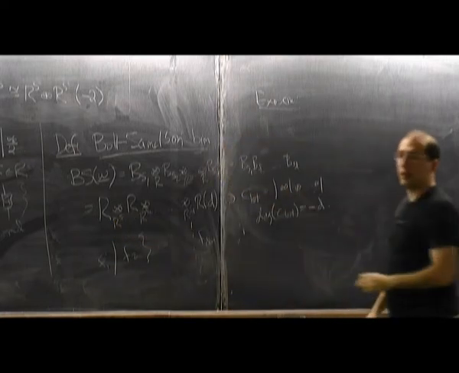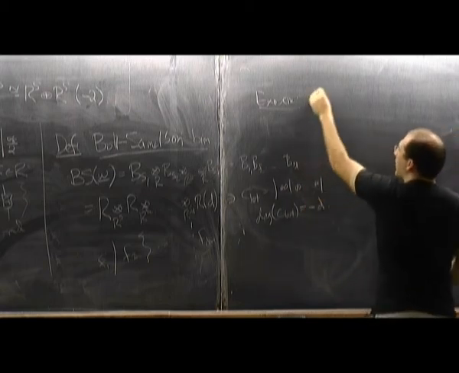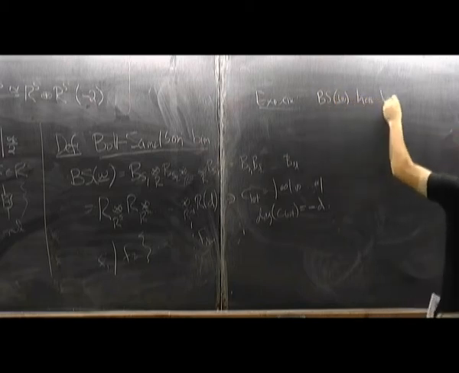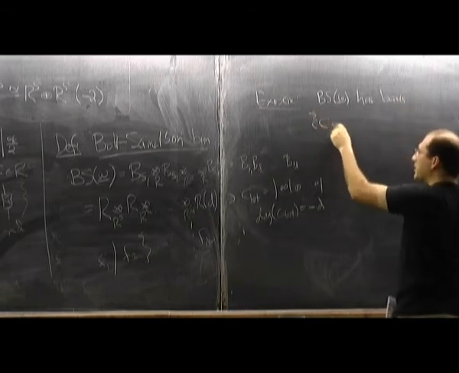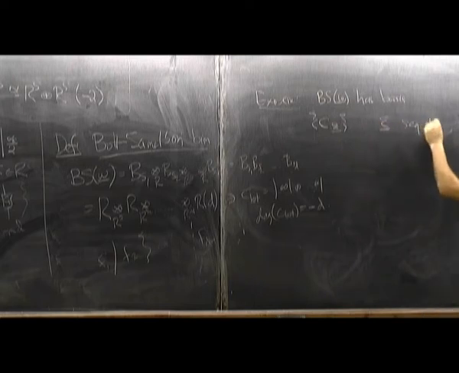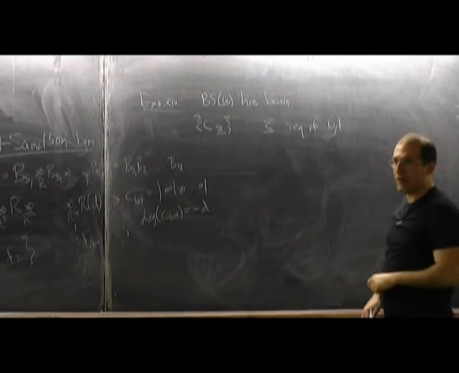But for this, I won't. And the exercise is that BSW has a basis given by these things C sub epsilon. So epsilon will be a sequence of zeros and ones, like a subsequence. Okay?